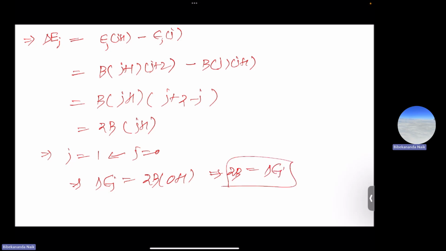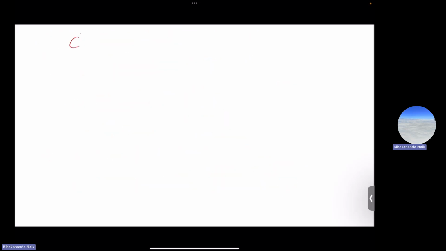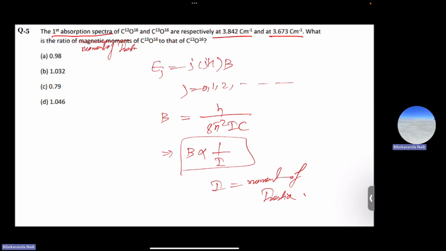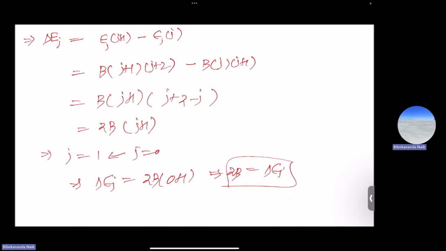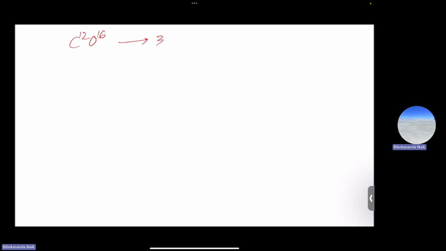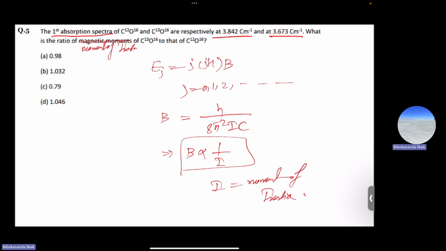However, if you see, one is C12O16, and the value is 3.842 centimeter inverse, and for C13O16 it is 3.673.